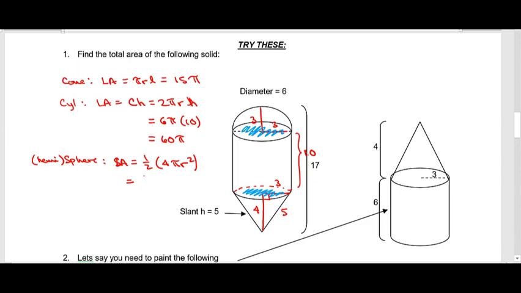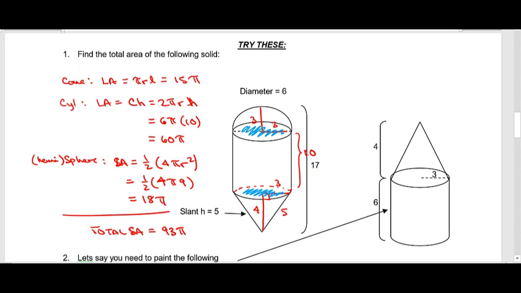So we get 1/2 of 4 pi, and again the radius is 3, so it's 9, and that simplifies to 18 pi. And if we add all these together, we will get a total surface area of 93 pi. And that's it.